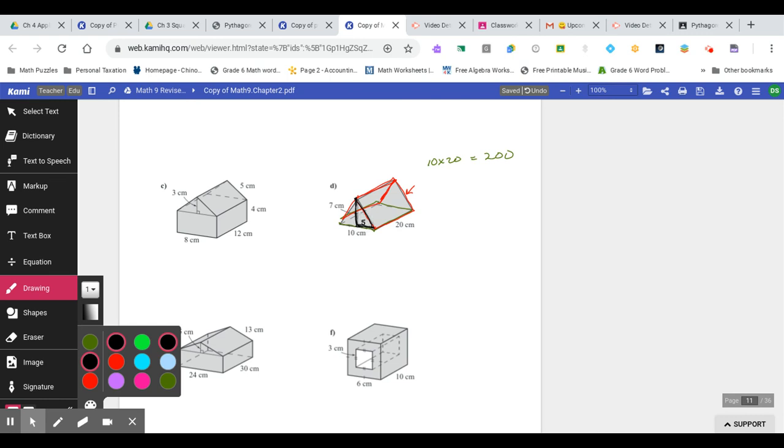So I'm just going to take this right triangle right here. This is 5 and this is 7. I'm going to find this piece. So I'm going to say a squared plus b squared equals c squared.